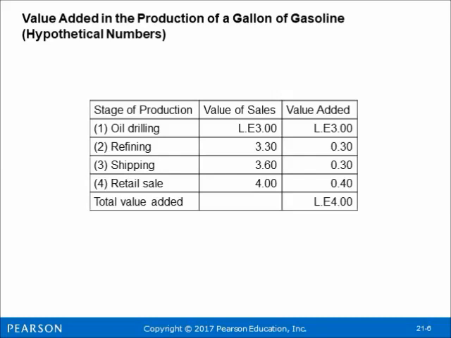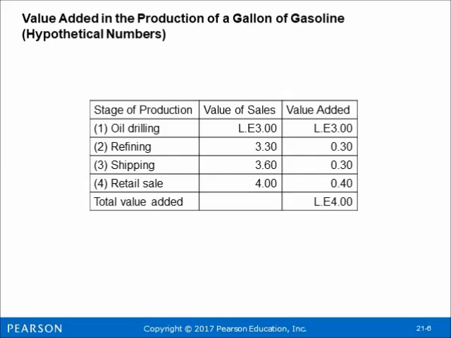The table shows 3 columns. The first column shows the stage of production for gasoline. The second column shows the value of sales. The third column shows the value added at each stage.